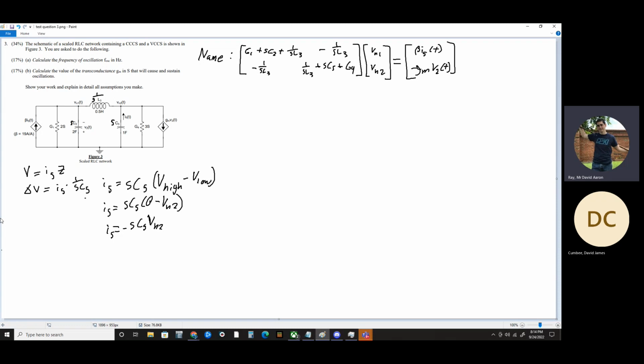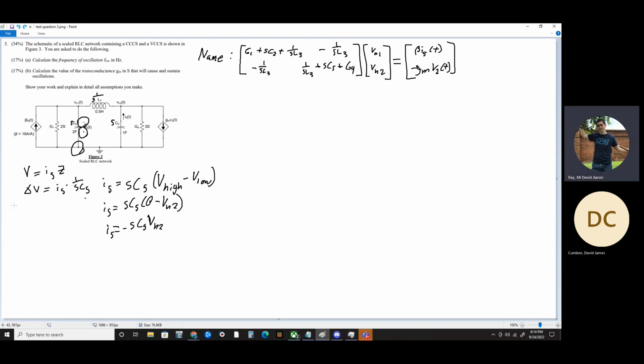Now in terms of V2 of T, to find that one out, it is going to be the positive voltage minus the negative voltage. So this is also going to be negative, where this is going to be 0 minus Vn1 equals V2 of T. Let me write this in a better way of explaining it.